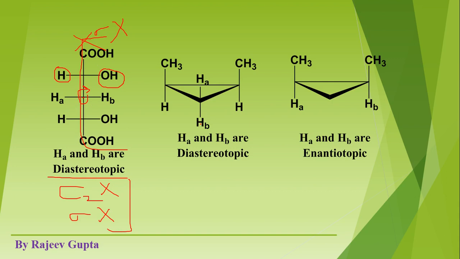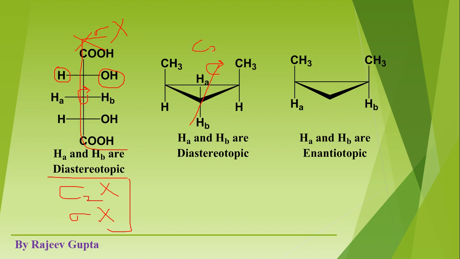Similarly here Ha and Hb are diastereotopic because the C2 axis of symmetry and plane of symmetry are not present. For the C2 symmetry, if we make this rotation, then Ha goes to Hb, Hb goes to Ha, but these top side methyl groups will move towards this bottom side. So actually the molecule will be changed, its appearance is changed, it is not equivalent after this operation.